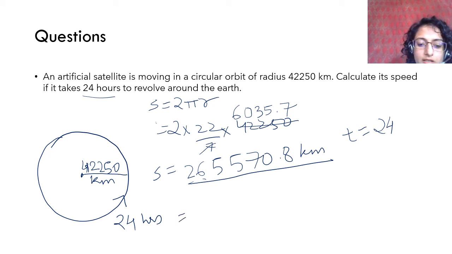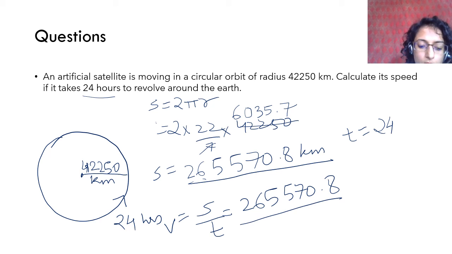So velocity or speed is equal to distance upon time, is equal to 265,570.8 upon 24, is equal to 11065.45.